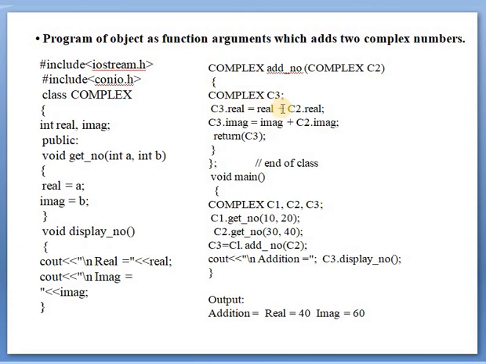Complex C3 stores the addition of the two complex numbers. So C3.real, this real is the variable of object C3, equals real plus C2.real. This real is the first object's data member, and C2.real is the second object's data member. Now C3.imaginary equals imaginary plus C2.imaginary, and now it is returning the object.